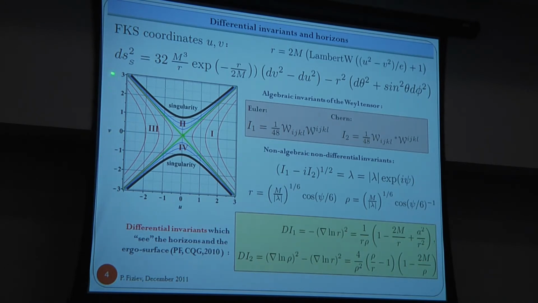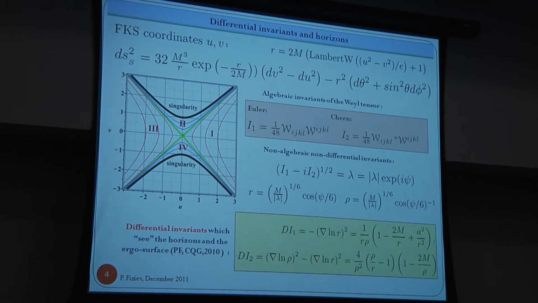Schwarzschild solution. This is Fronsdal-Kruskal-Szekeres coordinates, and in these coordinates we have no singularity in the metric, but this is a more or less not very well known result, that actually we can construct some invariants.